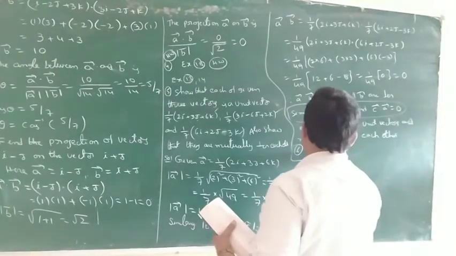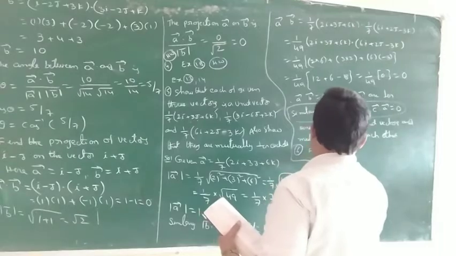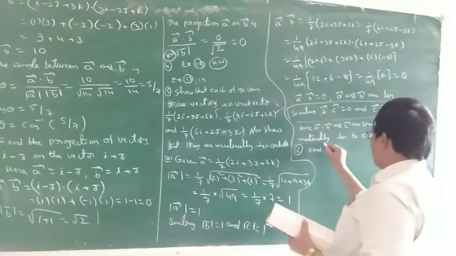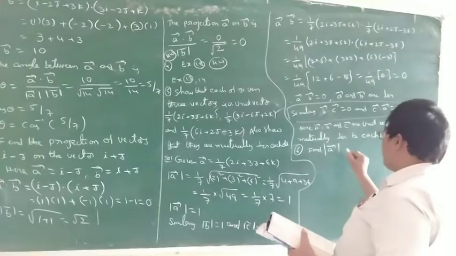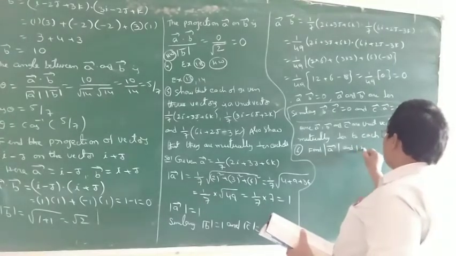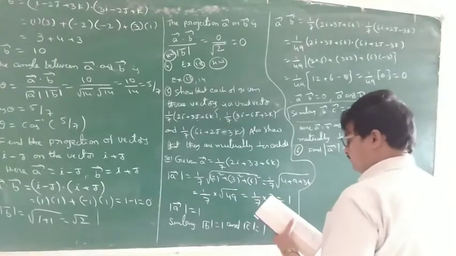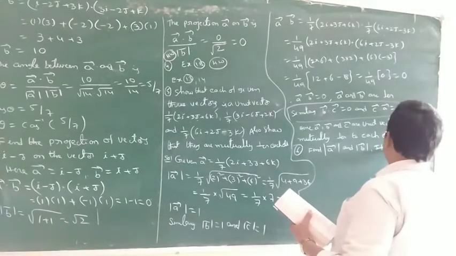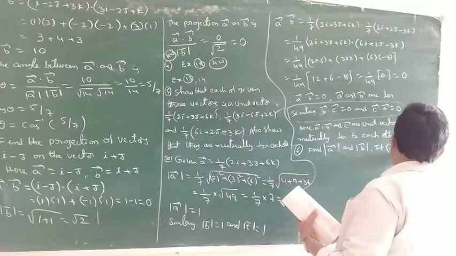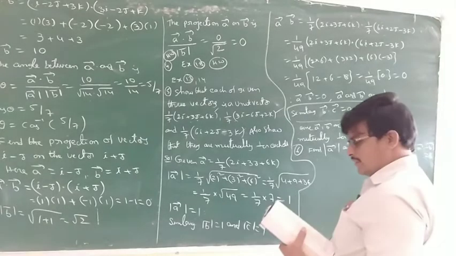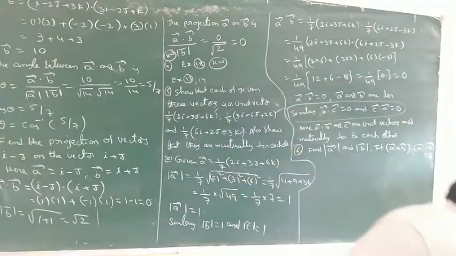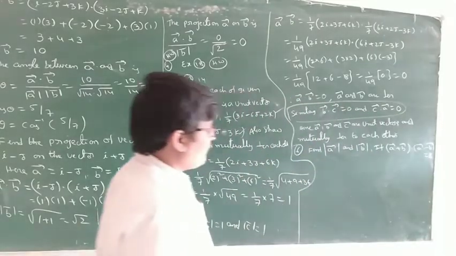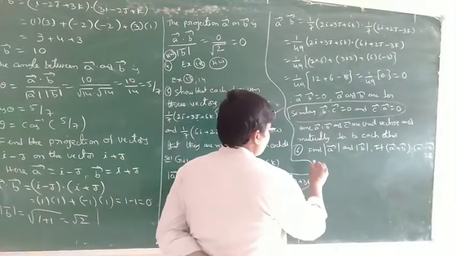Find magnitude of a bar and magnitude of b bar if a bar plus b bar dot a bar minus b bar is equal to 8. We have to find the magnitude of a bar and b bar.